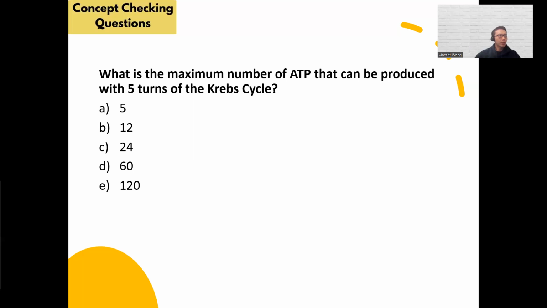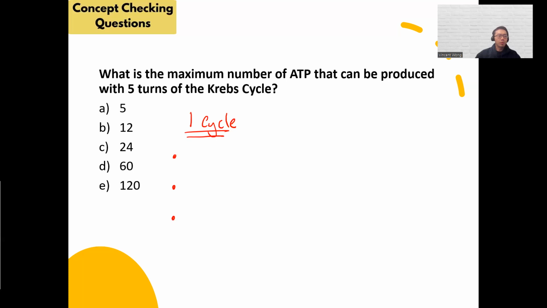Okay, so thank you for those who have participated. If you're a little bit stuck, this is how you do it. One cycle. What are the key products of the Krebs cycle if you spin it once?